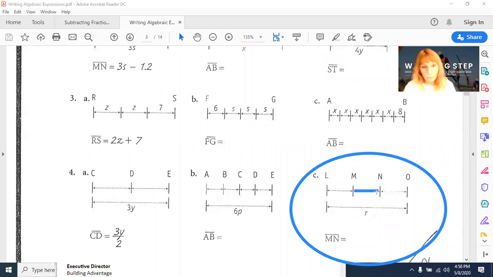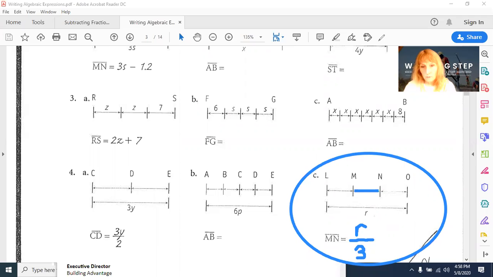How do we set up an expression for that? Well, we know that MN is equal to R divided by, how many sections is it broken into? Here's R, the whole thing. How many sections is it broken into? 1, 2, 3. So MN is equal to the whole R divided by 3 sections each. So that's one with division.